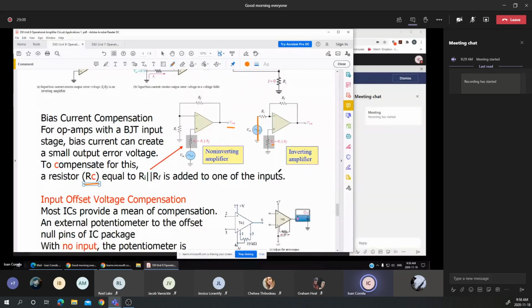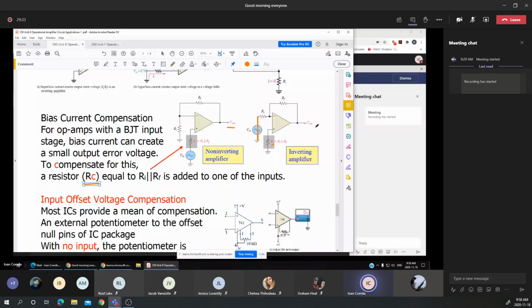It is not always available. Again, that's one possibility, and it is not a practical solution for nullifying the offset in the biasing currents for the input stage of an op amp.